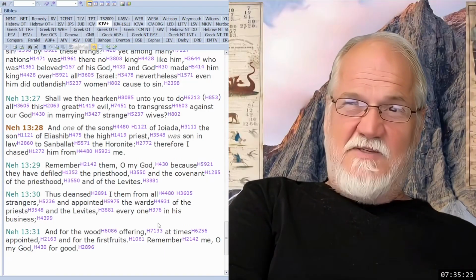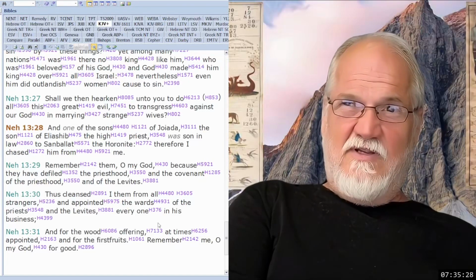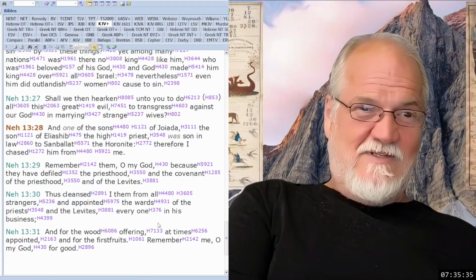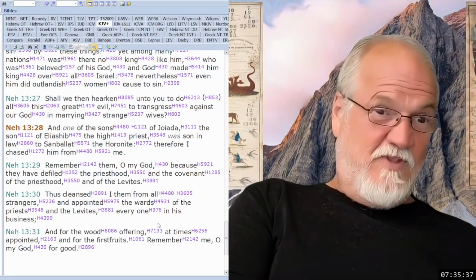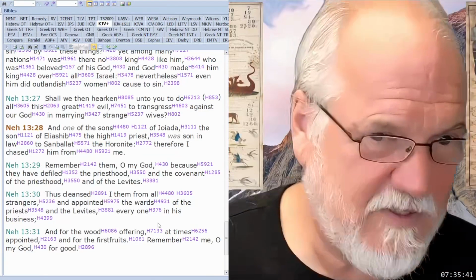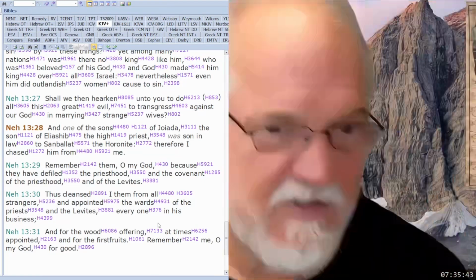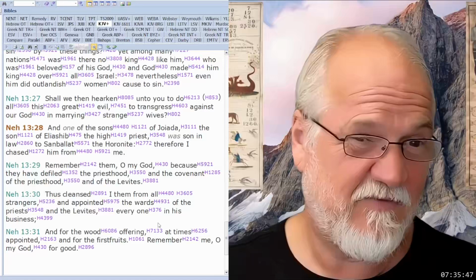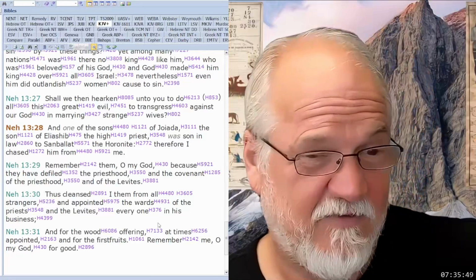So these people that are cleansed from all the strangers, who is cleansed from all the strangers? "Thus cleansed I them from all strangers, and appointed the wards of the priests and the Levites, everyone in his business, and for the wood offering at times appointed, and for the first fruits. Remember me, O my God, for good."